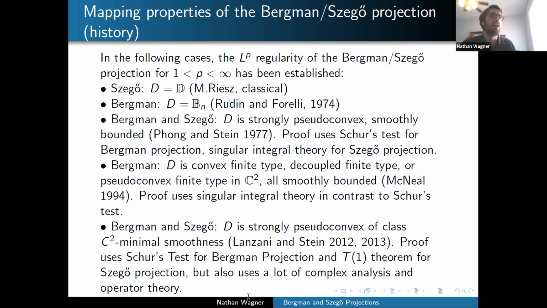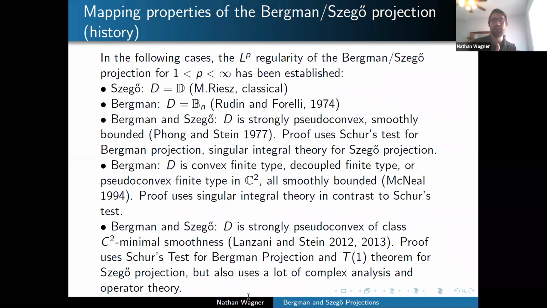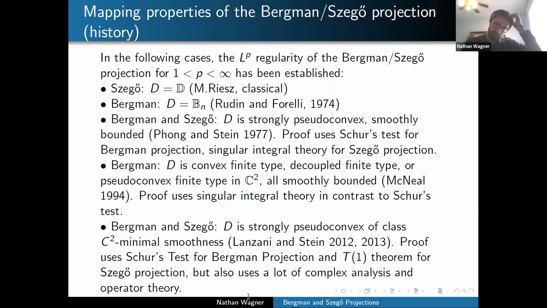And these operators won't necessarily be equal to the Bergman projection or the Szegő projection, but they can be related in some appropriate way, in that the error between them is small. And so they're actually not studying the Bergman and Szegő operators directly. They're studying a family of these other operators. But I won't get too much into that because I think that would lead us too far afield.